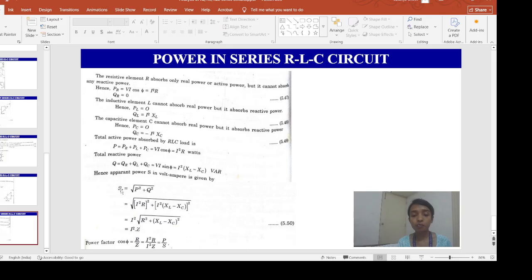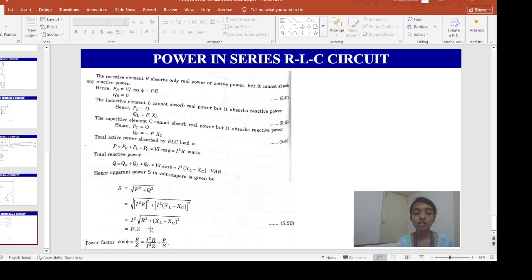So the apparent power, we can find by the same process as in the previous two cases. If we draw the power triangle, apparent power S will be equal to root over of P square plus Q square. We know the value of P, which is I square R, and we know the value of Q, which is this component.